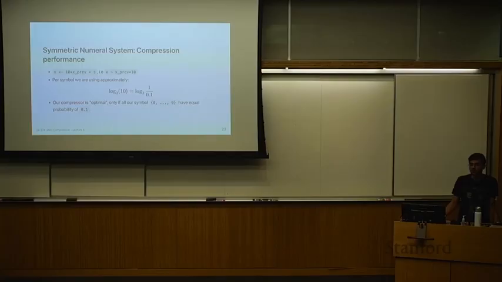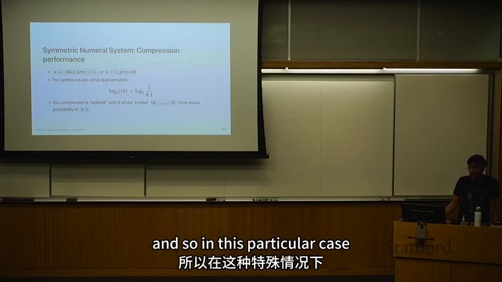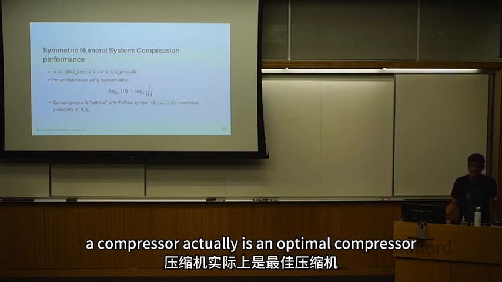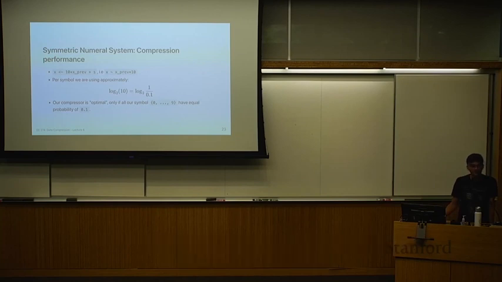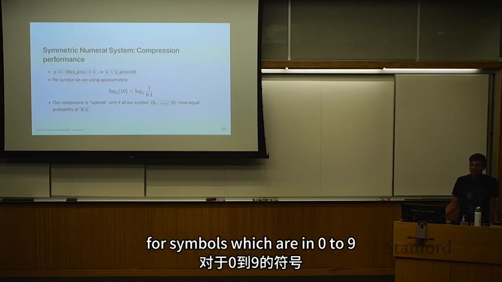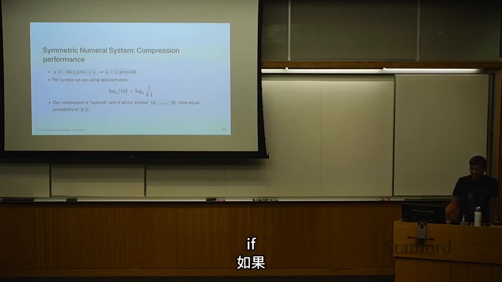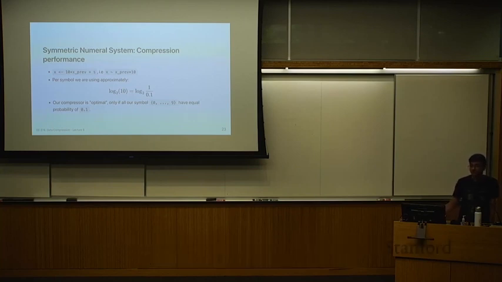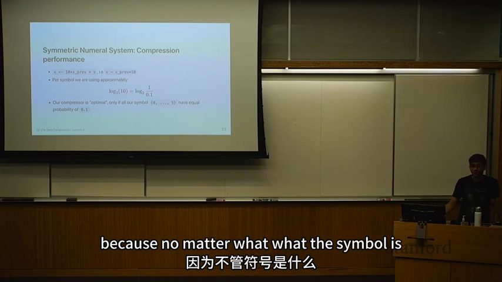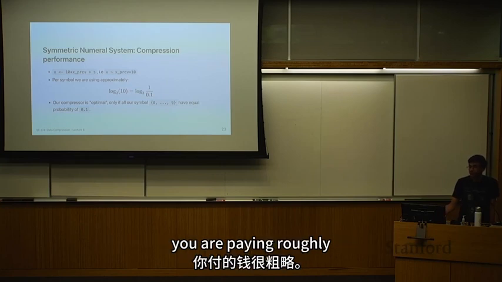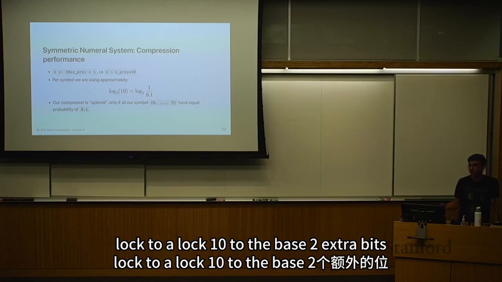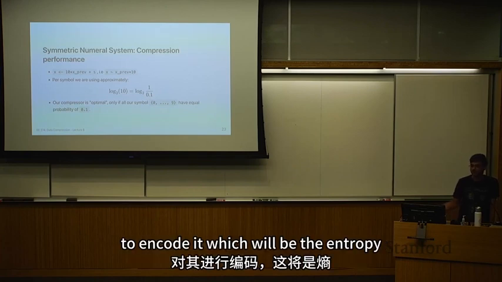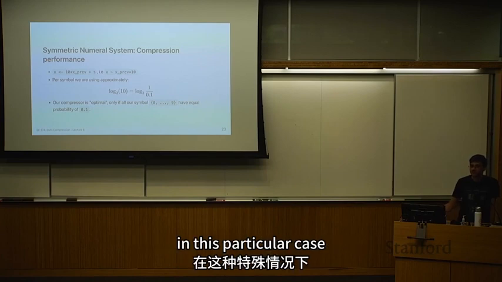Correct? And so in this particular case, the compressor is actually an optimal compressor for symbols which are in 0 to 9 if we assume that the symbols were uniformly distributed. Because no matter what the symbol is, you are paying roughly log base 2 of 10 extra bits to encode it, which will be the entropy in this particular case.